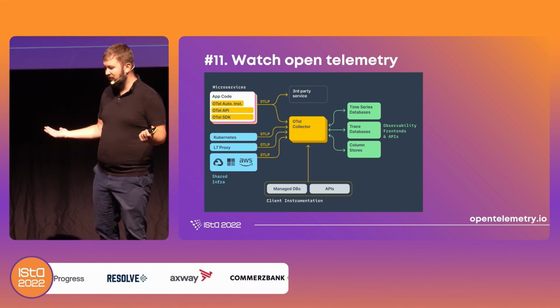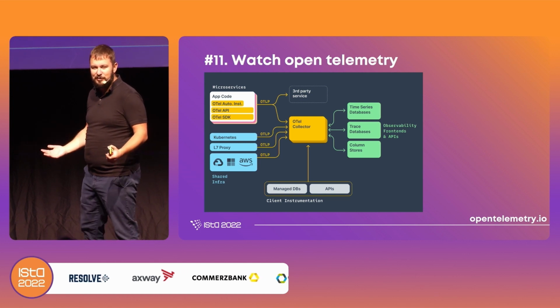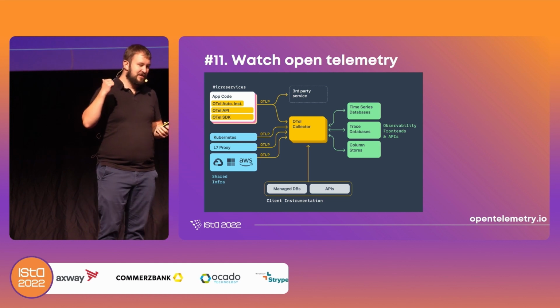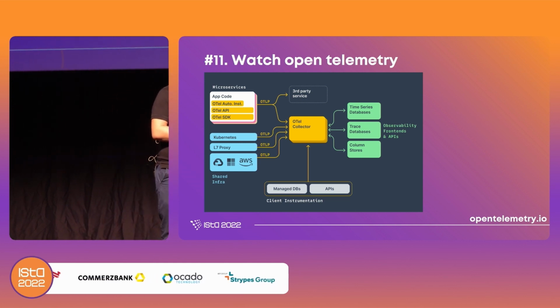Why are we using three different systems for this? Shouldn't there be one standard to rule them all and one system to use it? This is where OpenTelemetry comes into place.